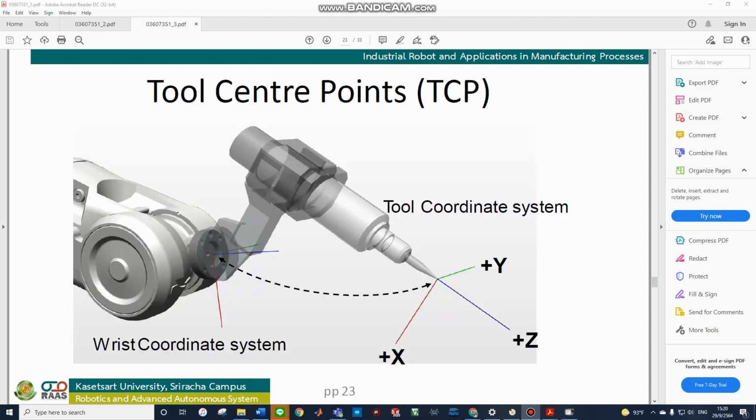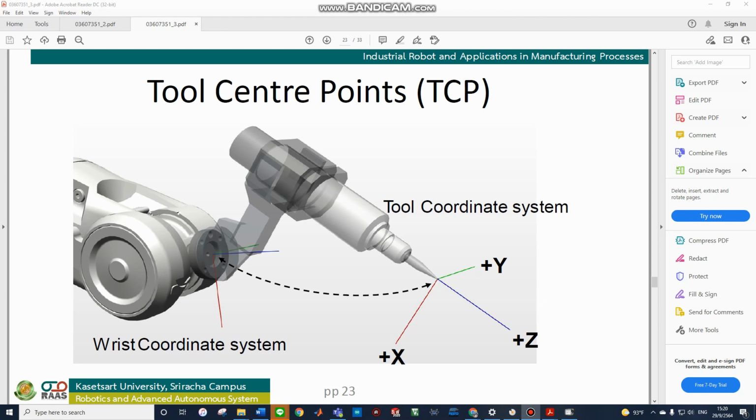About tool center point TCP and the coordinate systems. The position and movement of the robot is always relative to the active TCP.